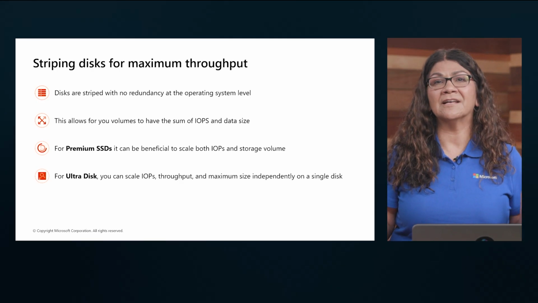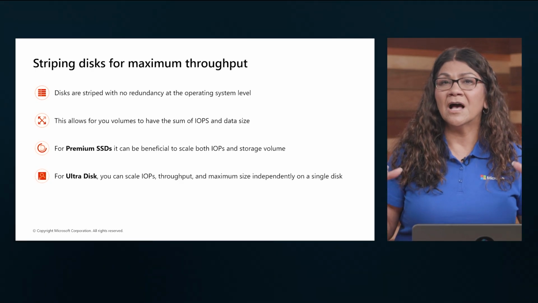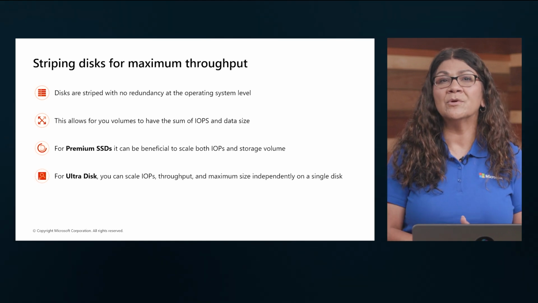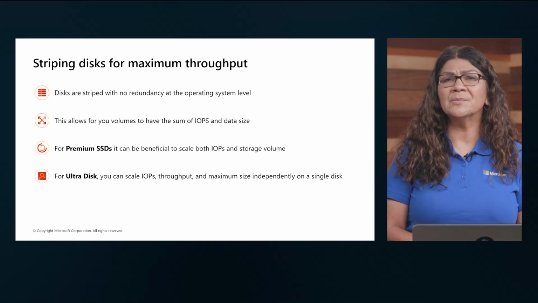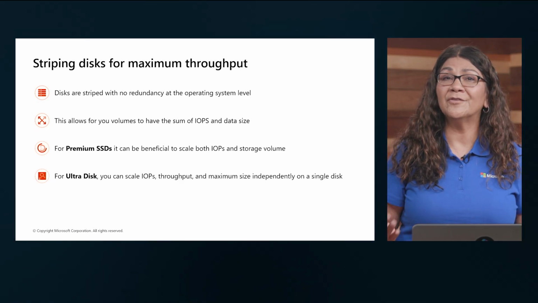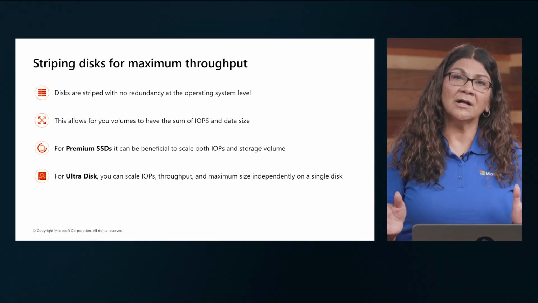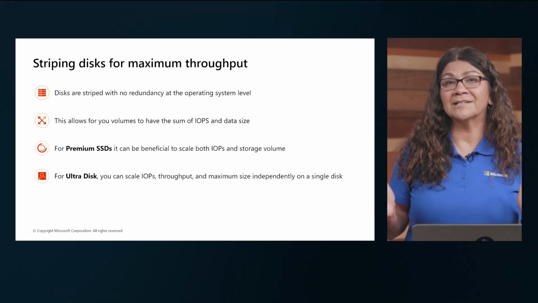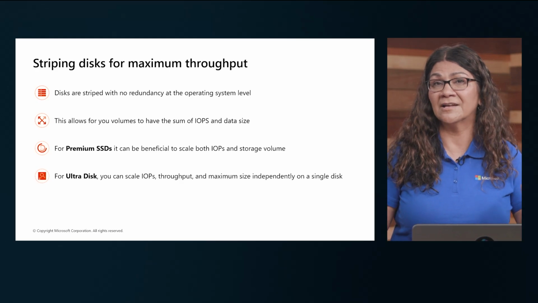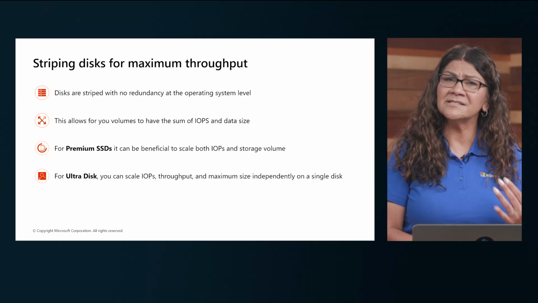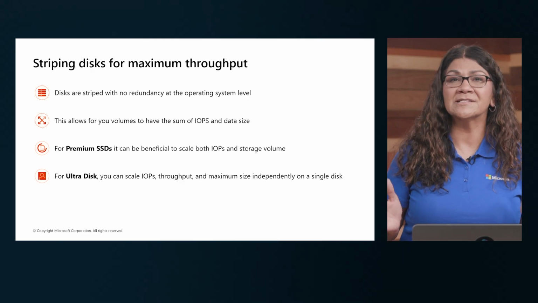Striping disks allows a volume to aggregate the IOPS and storage capacity of all included disks, which is particularly beneficial when using premium SSDs, as it helps to scale both throughput and volume to meet demanding SQL Server workloads, while Ultra disks offer flexibility to scale IOPS, throughput, and size independently on a single disk. Premium SSDs benefit from striping to achieve a similar performance gain.